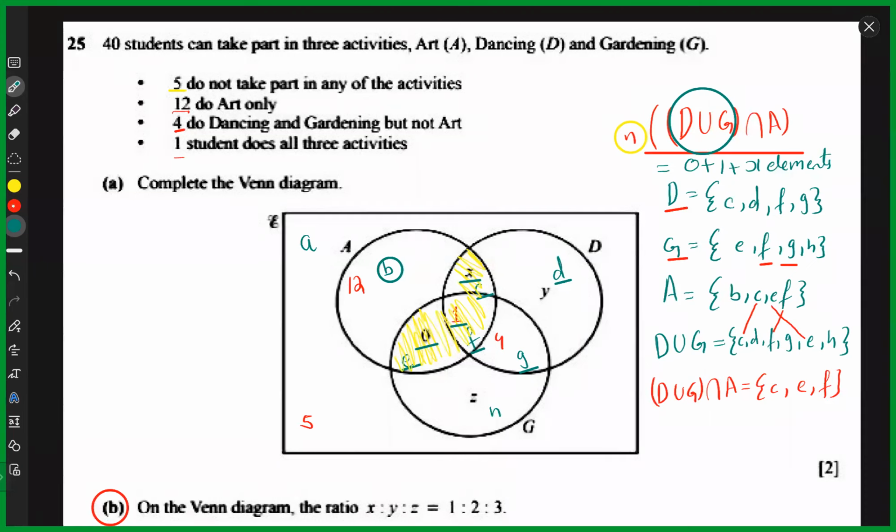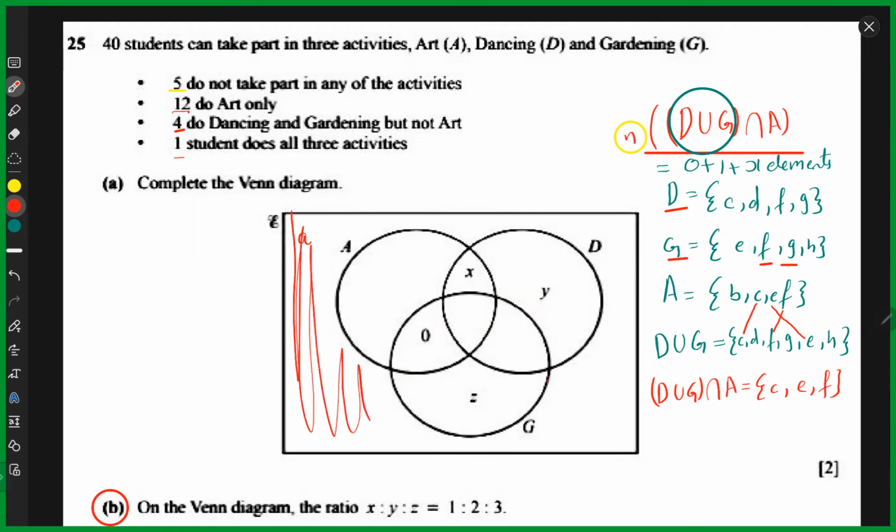Okay, let me erase this entire thing because the rest of the concept would be clear. And let's just name the different parts. Okay, so part A is basically outside these three sets. A is basically all of this part that is outside these three circles. Okay, but I am only representing that using a small a.